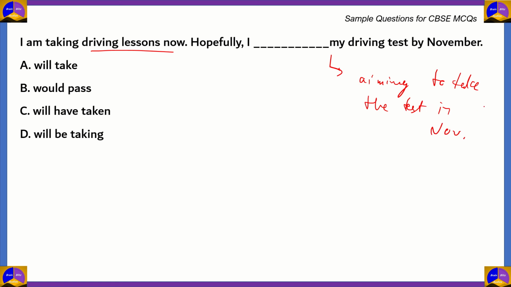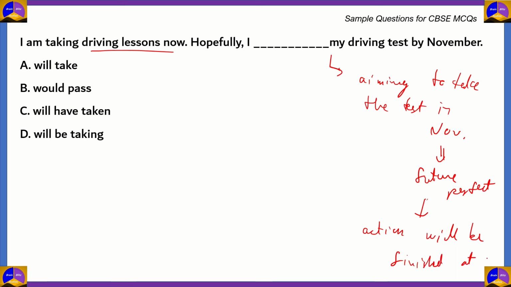Now, this sort of statement is classified under future perfect tense. What is a future perfect tense? It is the tense in which the action will be finished at some point in the future.